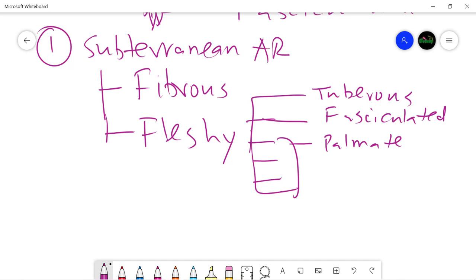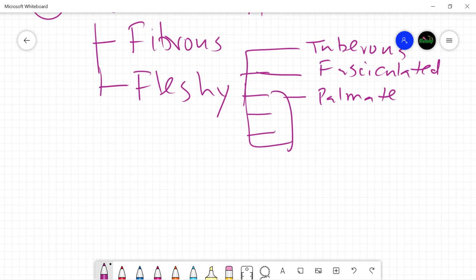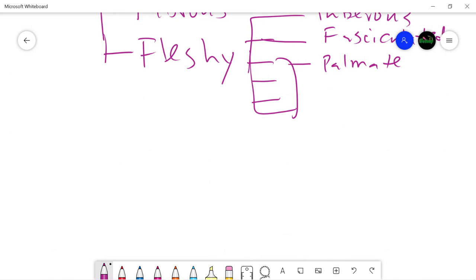We have palmate and then Nodulose, moniliform, and finally annulated fleshy adventitious roots. So these are all subgroups or types of subterranean fleshy adventitious roots.